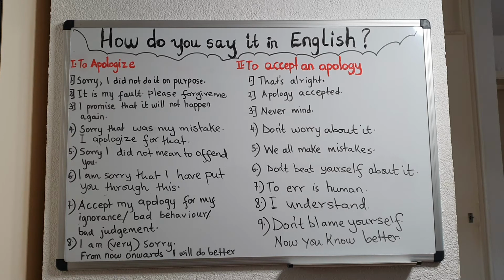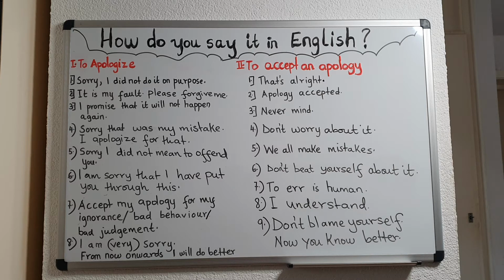It just happened as a mistake. So to apologize, you would say to them, "Sorry, I did not do it on purpose," which means that you did not plan it. It just happened as a mistake.